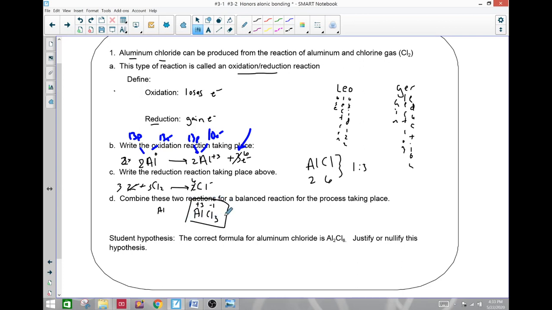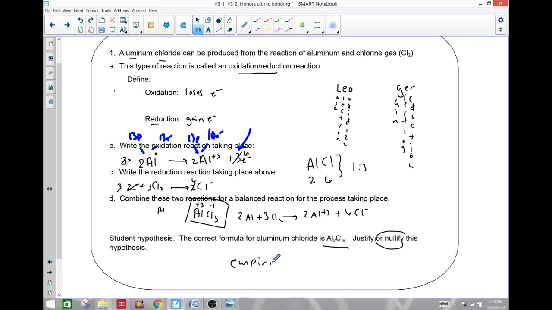The overall balanced reaction would be 2 aluminums plus 3 Cl2 yields 2Al3+ plus 6 Cl minuses. One could write that as just 2 AlCl3. The formula Al2Cl6 is wrong, because it's not empirical.